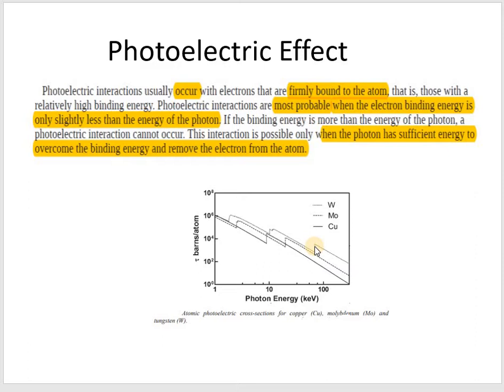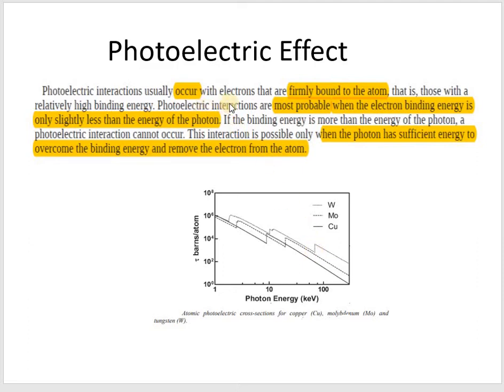At an energy just less than this, the cross section is 6.4 times 10 to the power 2 barns per atom, while just slightly above this energy, it is about 3.3 times 10 to the power 3 barns per atom. This represents a sudden increase in cross section by a factor of about 5 when the photon energy increases above the K shell binding energy.